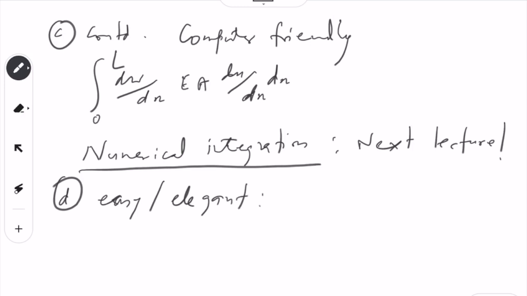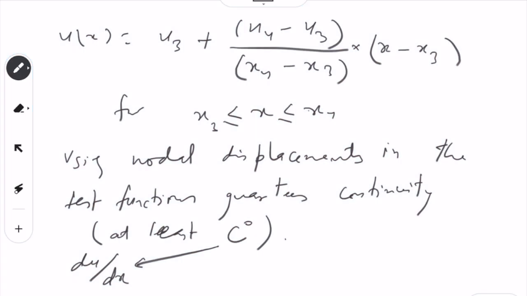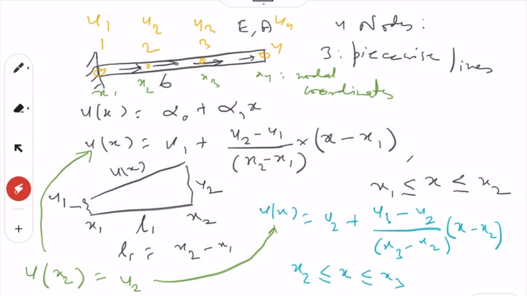Okay. Now, here what we are going to do is again writing this term. We can even further make it easy. Whatever notation we had earlier, like alpha naught plus alpha 1 x, we found this u1, u2, u3, u4.